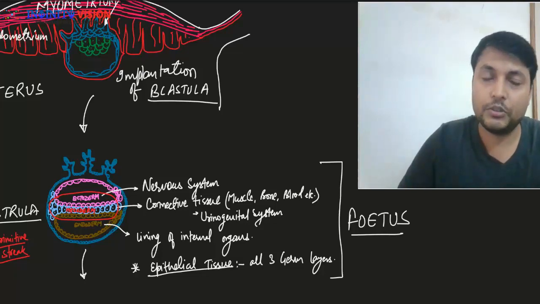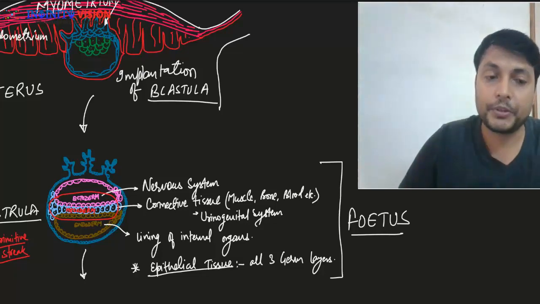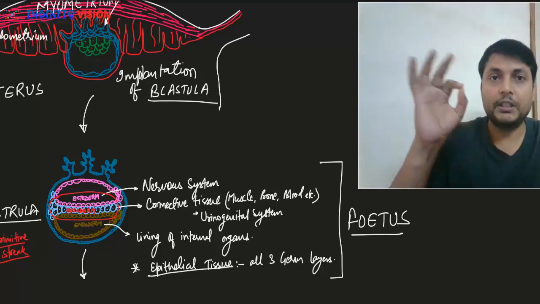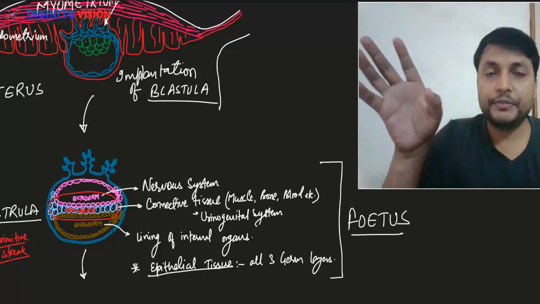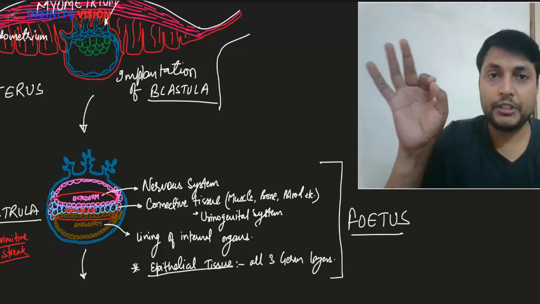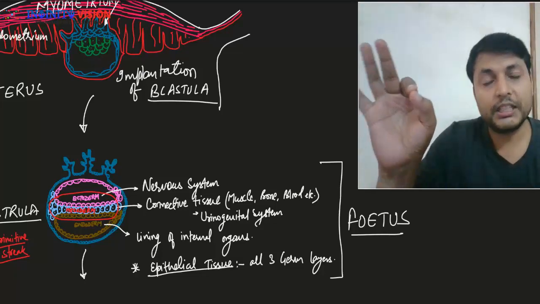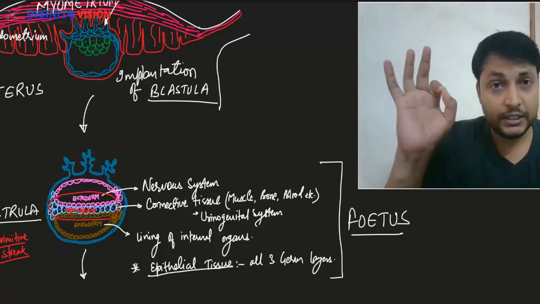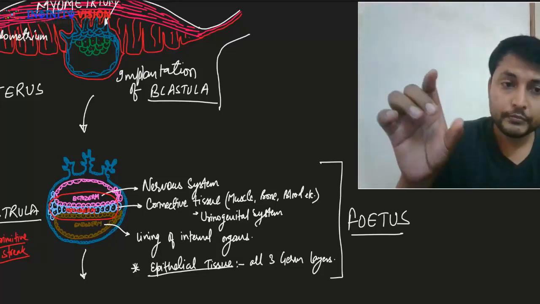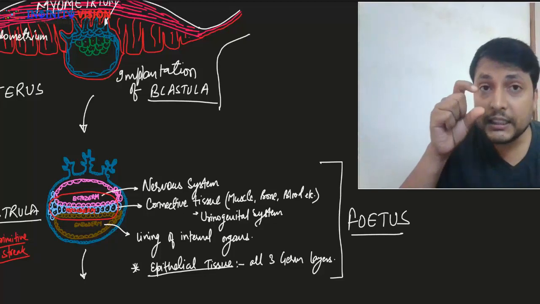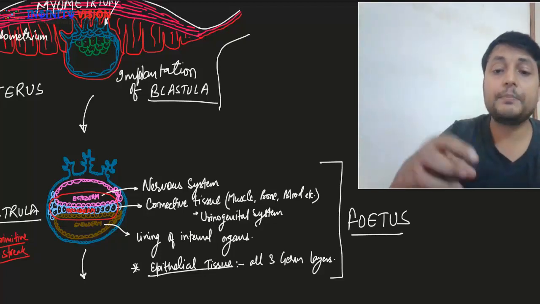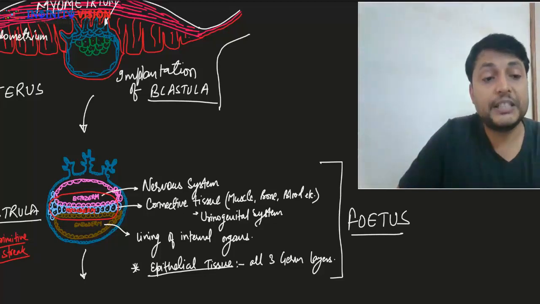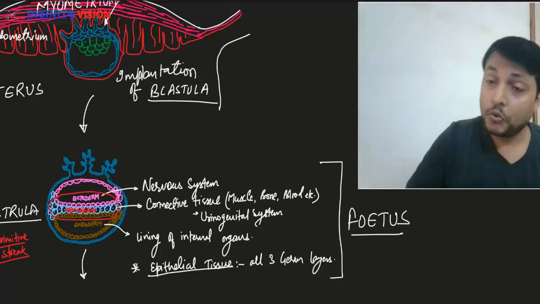Ectoderm, mesoderm, and endoderm are called germinal layers. So epithelial tissue can be developed from any of the germinal layers, whereas nervous tissue only from ectoderm, connective from mesoderm. Remember this thing. Great. And only the cells of these three germ layers are responsible for the formation of the fetus.